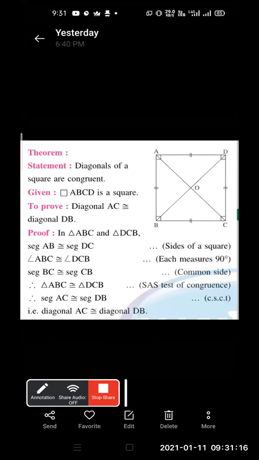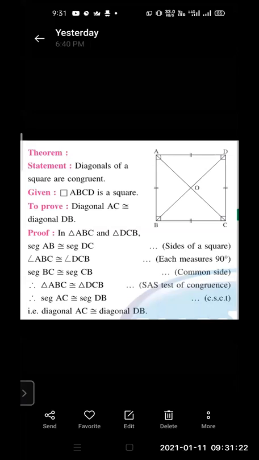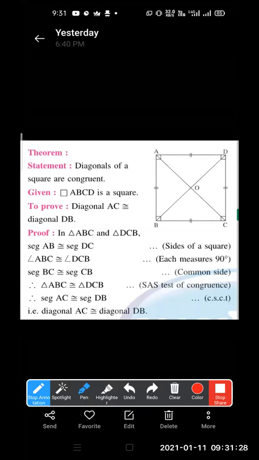Given: quadrilateral ABCD is a square. What you have to prove is diagonal AC is congruent to BD. We have to prove that diagonal AC is congruent to BD.